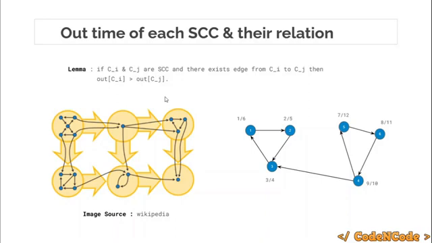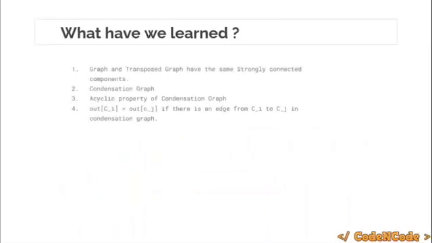All of the pieces of information that till now I have given, I have summarized them here, and all of these are building blocks of Kosaraju's algorithm. These are the most important things to understand Kosaraju's algorithm, its working, and to prove why it is correct. First, we have seen that the original graph and the transposed graph have the same strongly connected components.